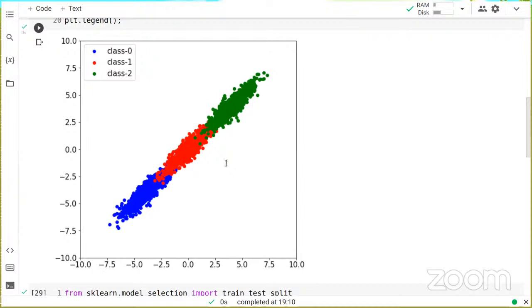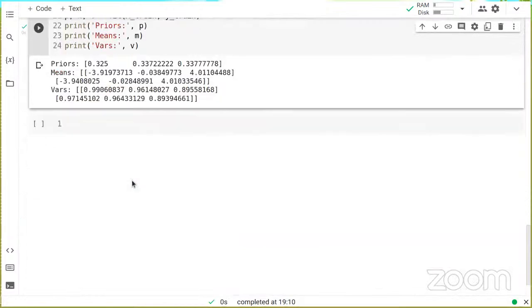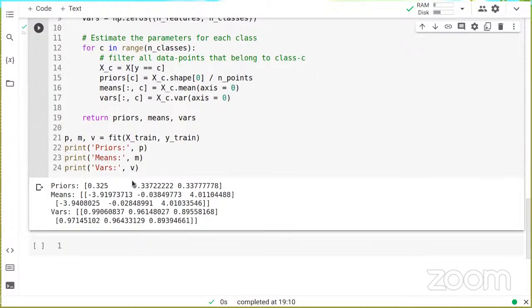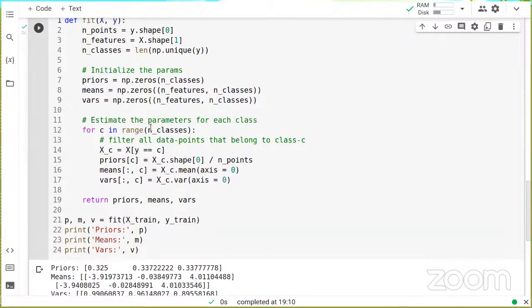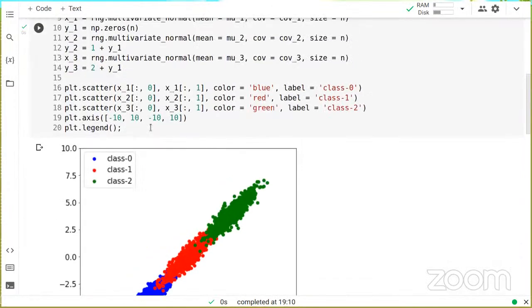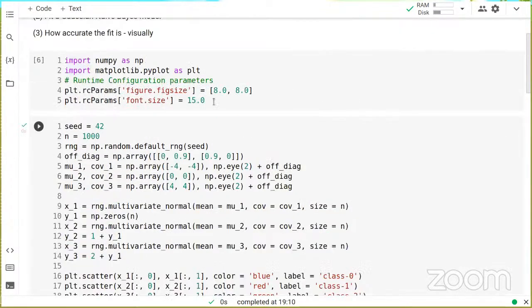One thing we have to keep in mind is that the point of the naive Bayes classifier is not to get the means correct. If I use this naive Bayes classifier to predict, my assumption will be that the covariance matrix is still diagonal, even though you have these two off-diagonal entries of 0.9 and 0.9.